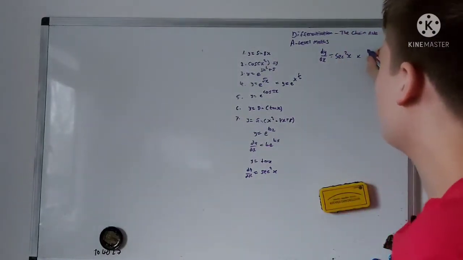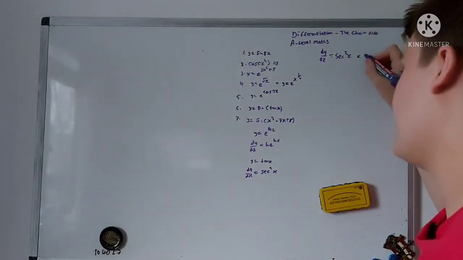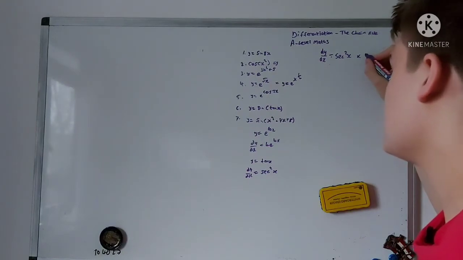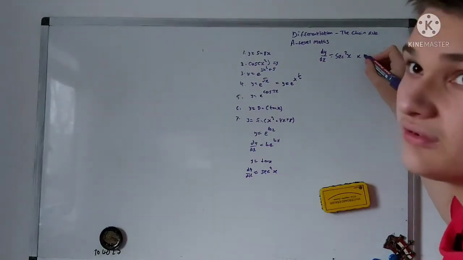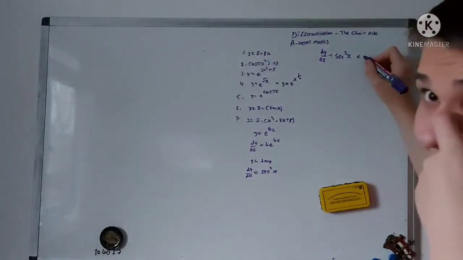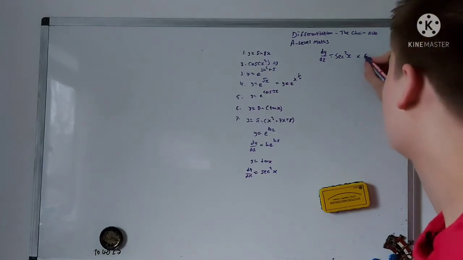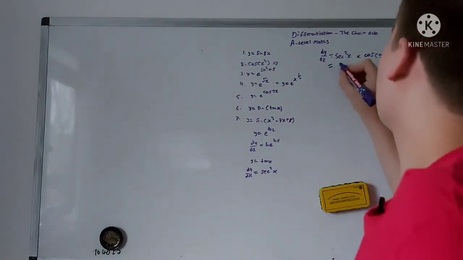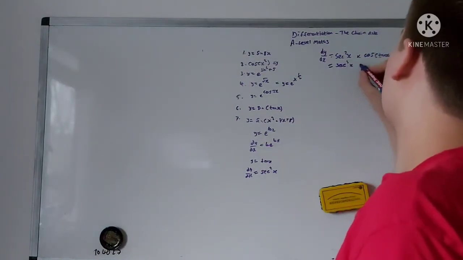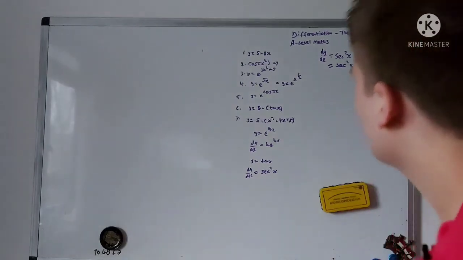That will multiply by whatever sine differentiates to, which is cosine of tan of x. So you've got sec squared x cos tan x.